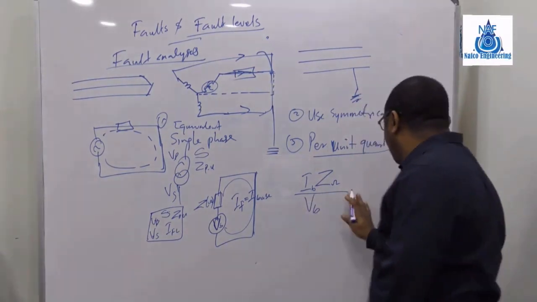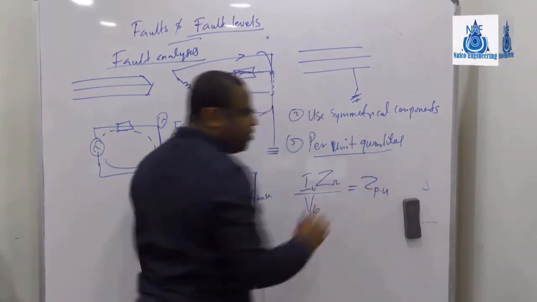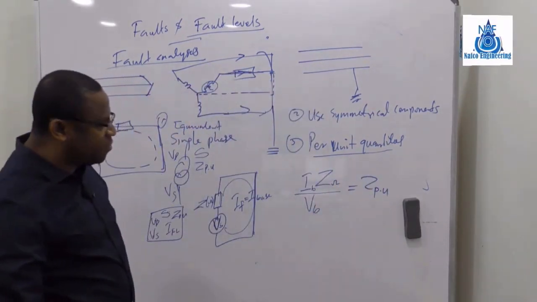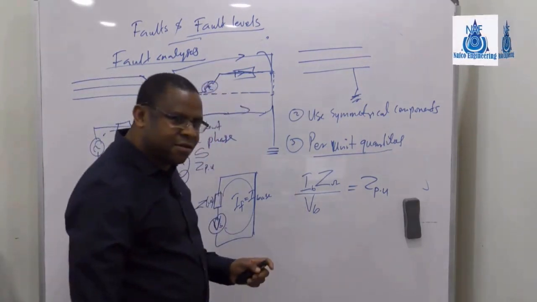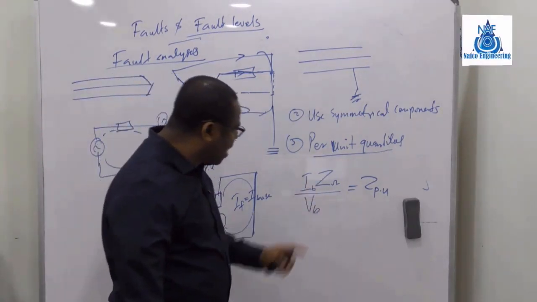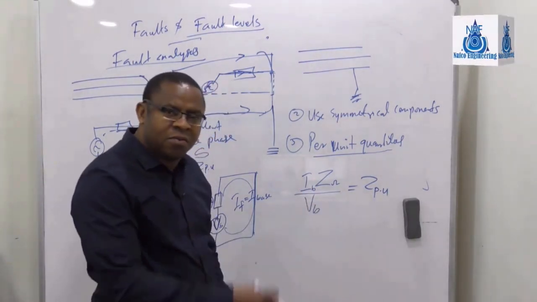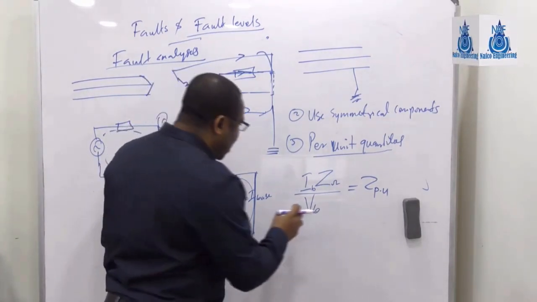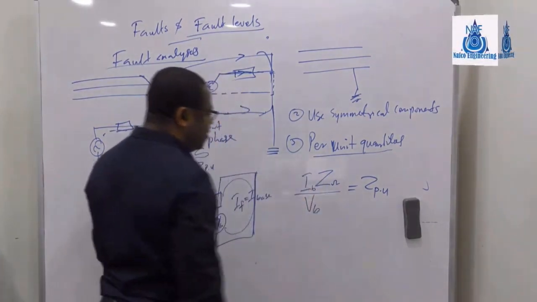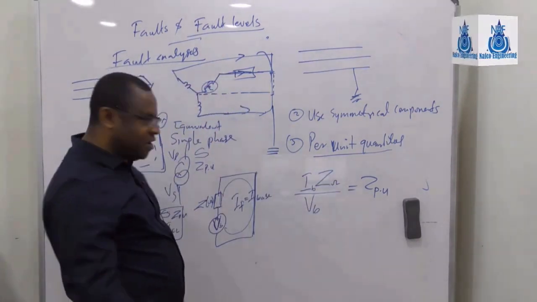This is what we call Z in per unit. I base multiplied by Z is a voltage drop within the transformer when it is short-circuited. If you divide by the base, that is what we call Z per unit. Let's see whether what I'm saying is okay.